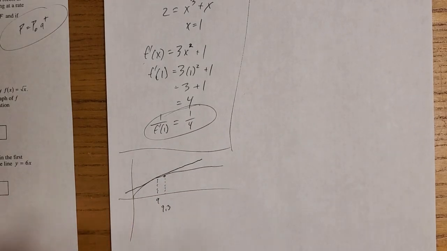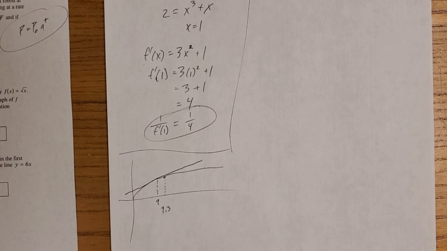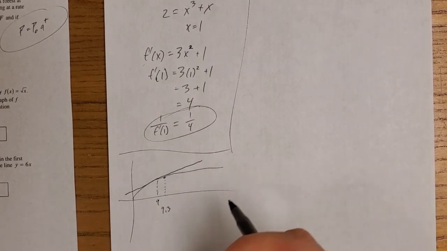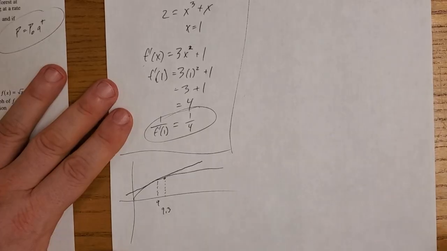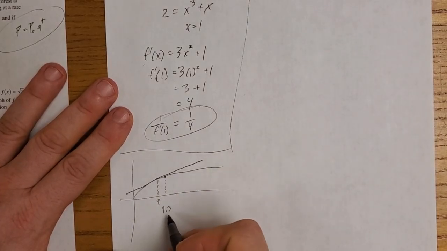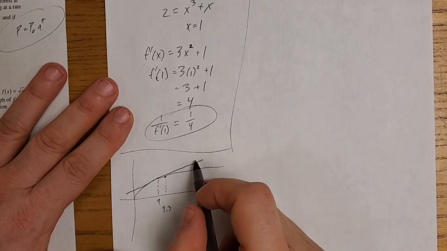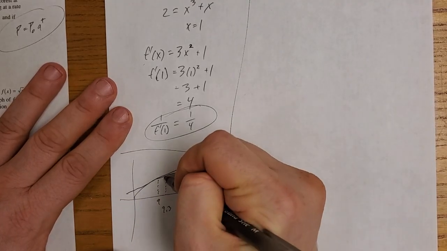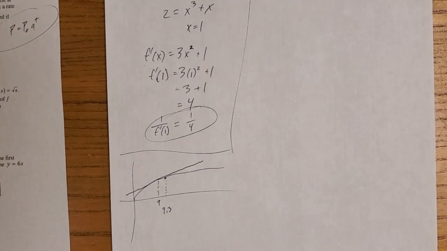This is the kind of approximation, if you don't have a calculator and you want to be able to figure that out quickly, that you might do to get pretty close to 9.3, because it's easy to calculate this at the 9, easy to figure out the slope, and that's going to be pretty close. So let's get to it.